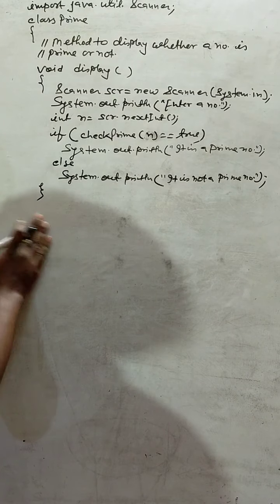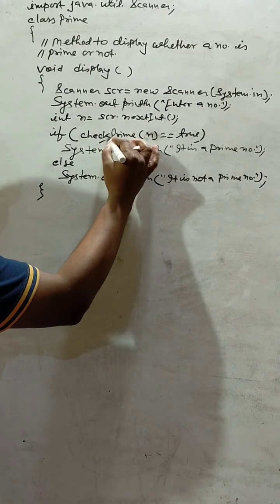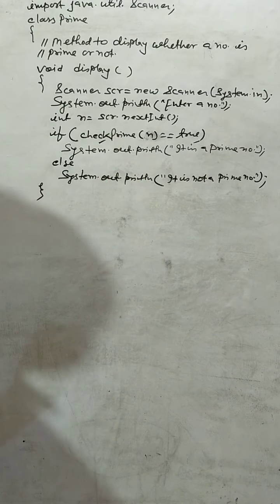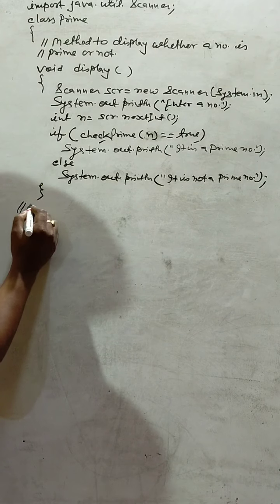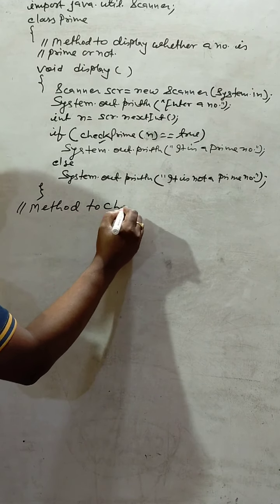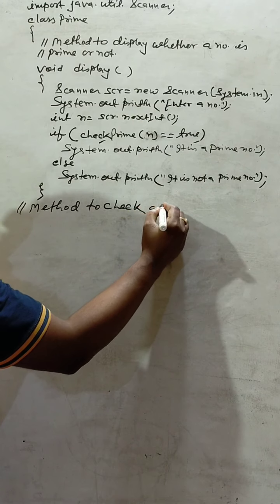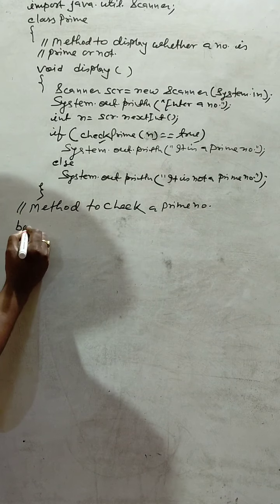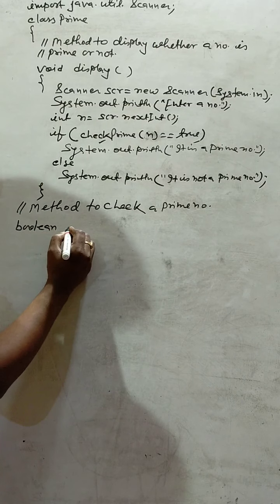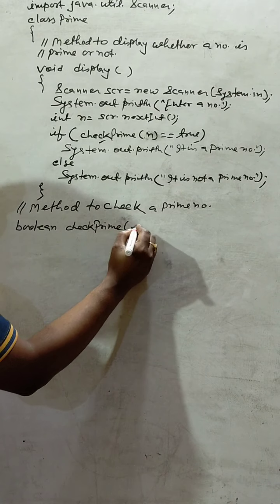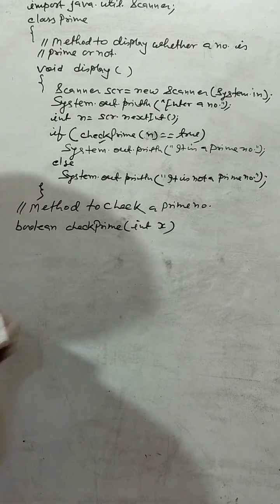Then we have to write the program for this function. Since this function returns a boolean value, the return type of this function is boolean. Method to check a prime number. Boolean checkPrime int x.